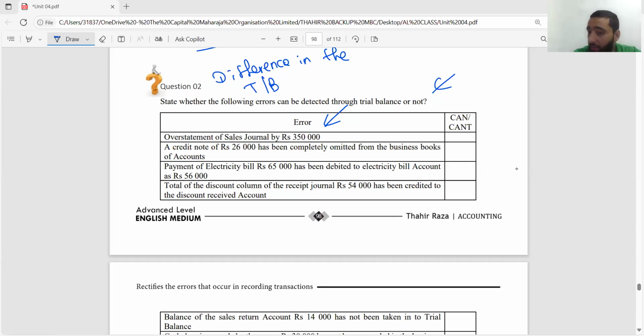Right, so in the sales journal, what you record is only the credit sales. If you don't remember, go and check the sales journal we did in this same tutorial, in this unit. Overstatement of sales journal: remember, in the sales journal you don't record anything related to cash, you record only what is related to credit. Purchase journal is also the same.